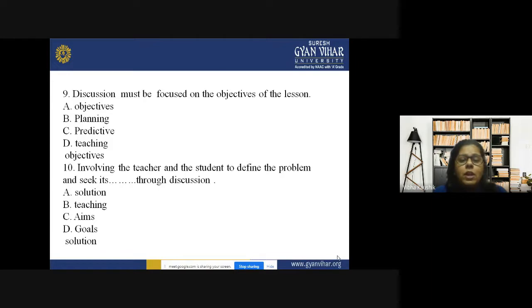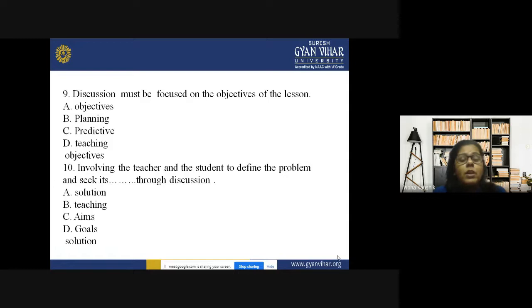Involving the teacher and the students to define the problem and seek its dash through discussion. Means both teacher and the students are involved in the teaching learning process, and both are involved to define the problem, that this is the particular problem, and seek its dash through the discussion process.